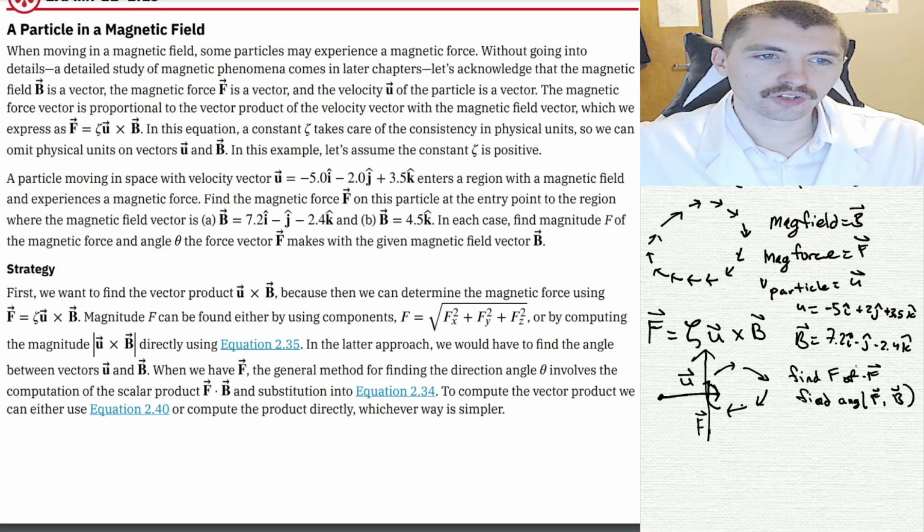First, we want to find the product vector u times v. So before I read further, let's see if we can do it ourselves.